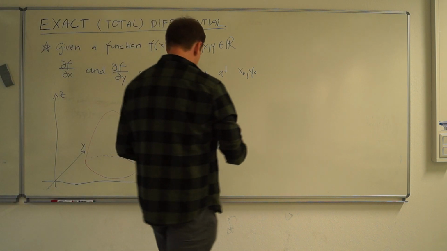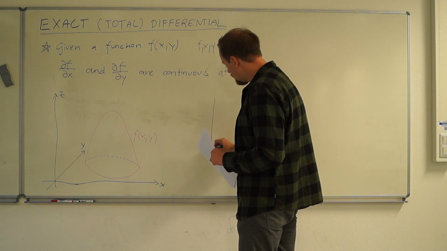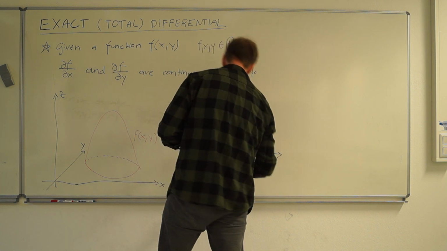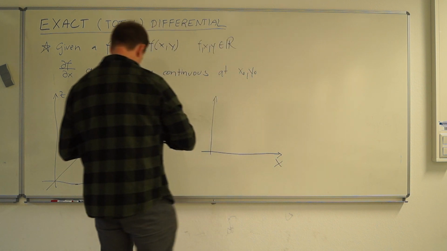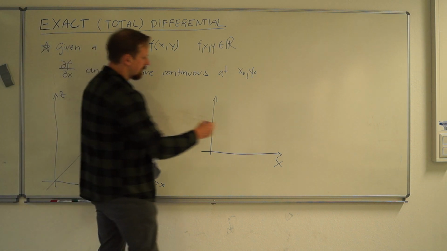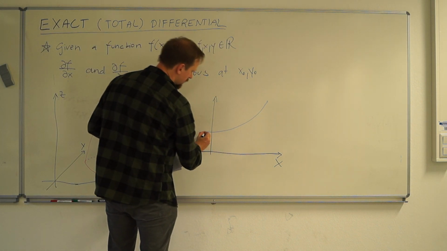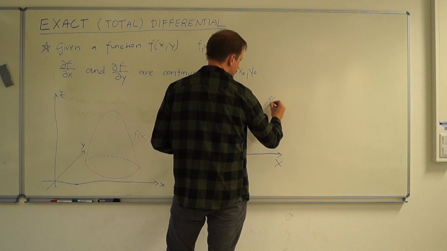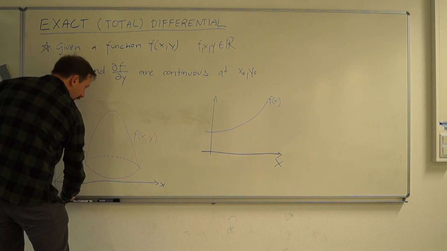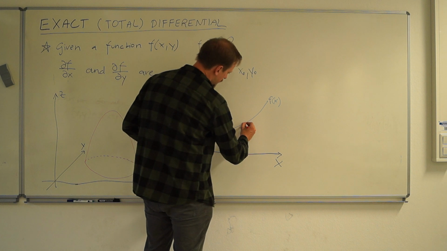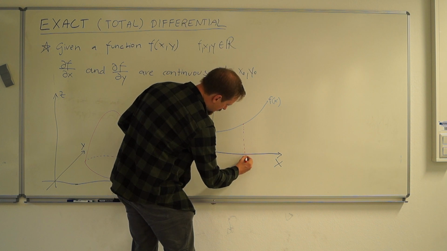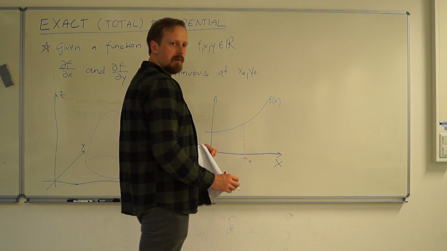To do this, let's first make a comparison with the one-dimensional case. In the one-dimensional case, we have functions which depend only on x. So let this be f of x. We can approximate the function f of x at the given point x naught with a tangent line.